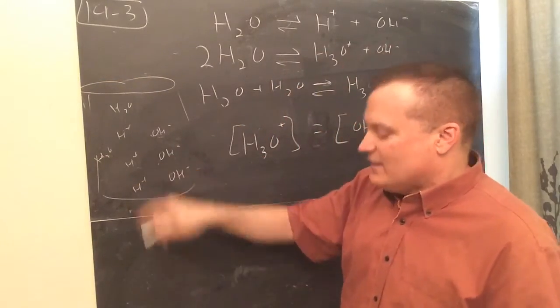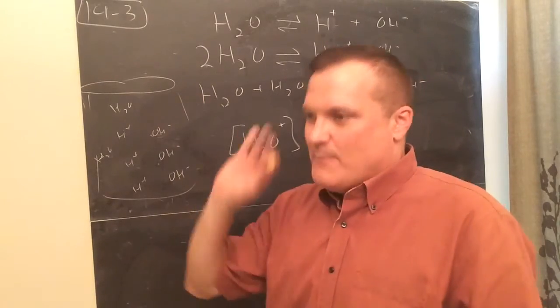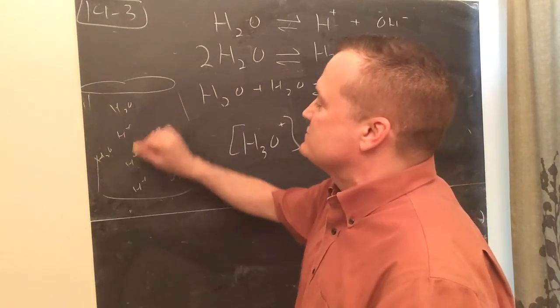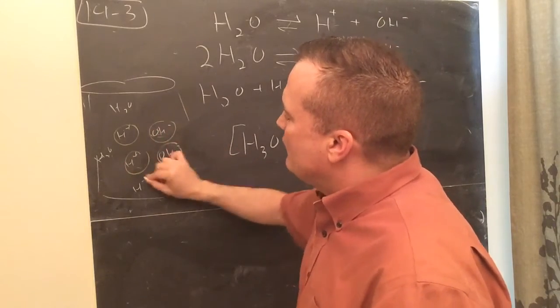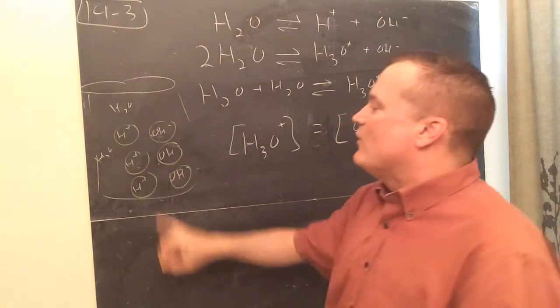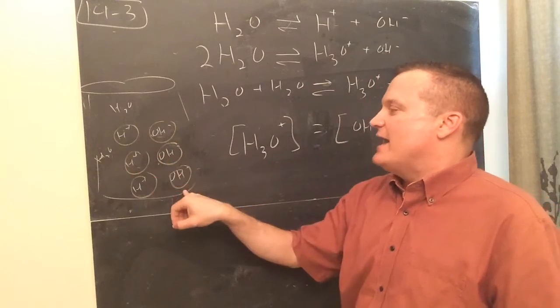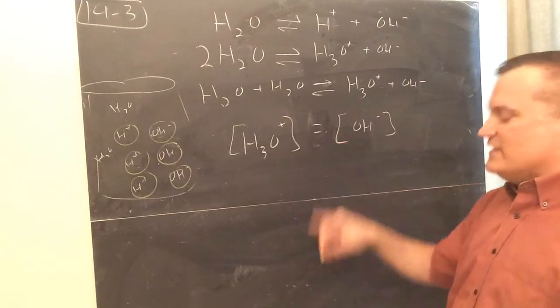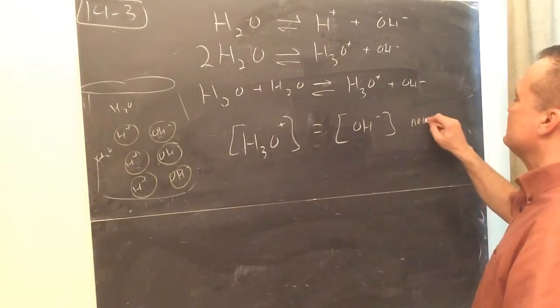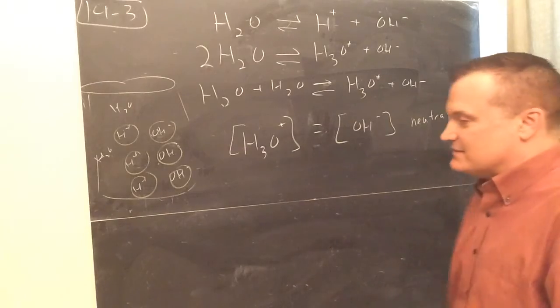But almost everything was water, H2O. The majority, like almost 100% of the H2O molecules, were not broken up. But some broke up. But notice, of the ones that broke up, they're equal. The positives and negatives equal out. H plus OH, H plus OH, H plus OH. So if the molarities are the same, then we say the solution is neutral. It's not acidic and it's not basic.